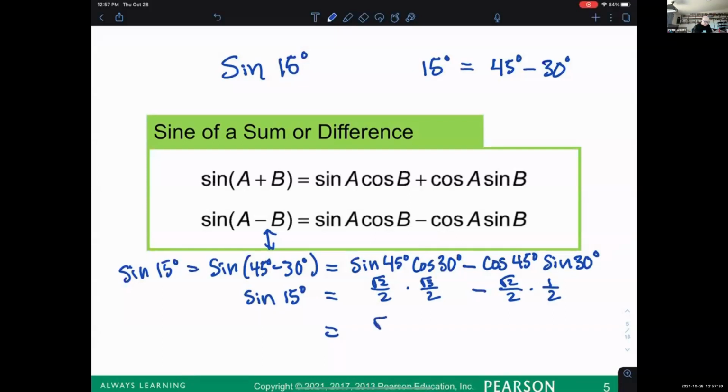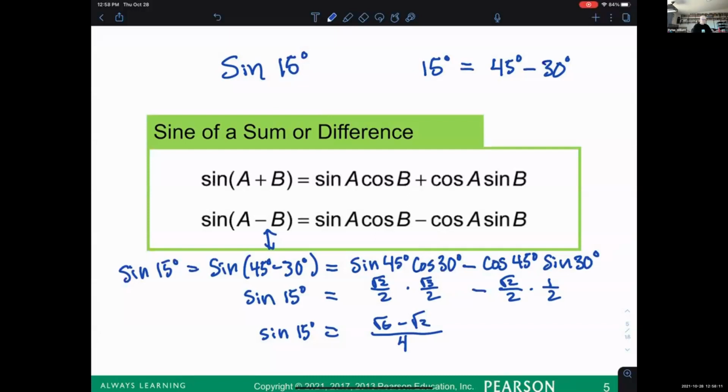So in the end, I get the square root of 6 minus the square root of 2 over 4. So here's sort of an initial, not too complicated starting value, similar to what we did with cosine, of how we could use these new sine, sum, or difference formulas.